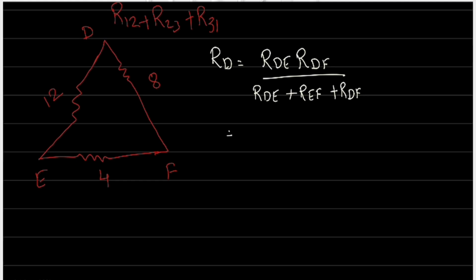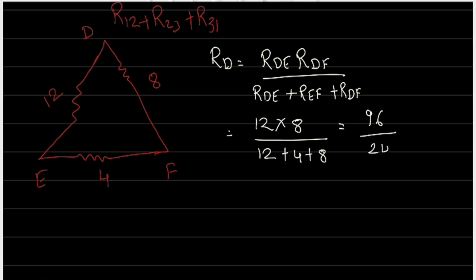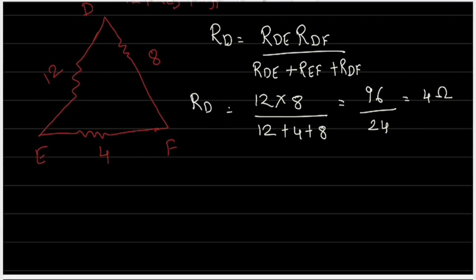So it is 12 into 8, the whole divided by 12 plus 4 plus 8. So it is 96 divided by 24, which will give us 4 ohm. So RD equals 4 ohm.